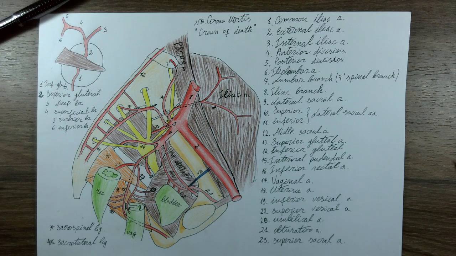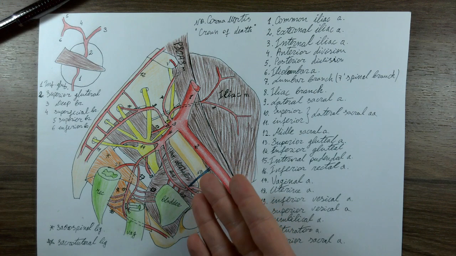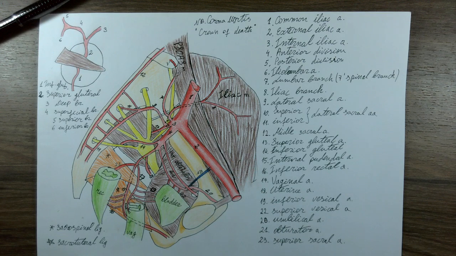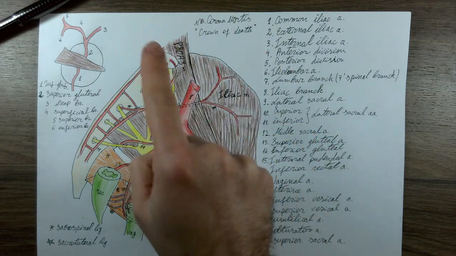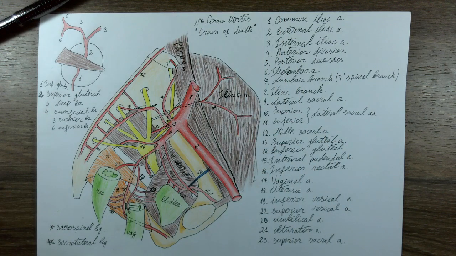And at the time, during some pelvic surgeries it was quite often nicked because it's at a place you don't expect it, right? Hence the crown of death. To be honest, I don't know how deadly it was, but I suppose it wasn't a very pleasant trauma to find. Okay, so that's pretty much it on the internal iliac artery.